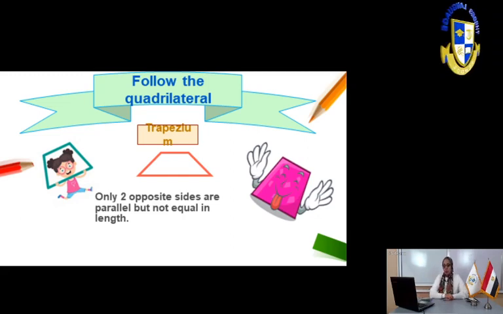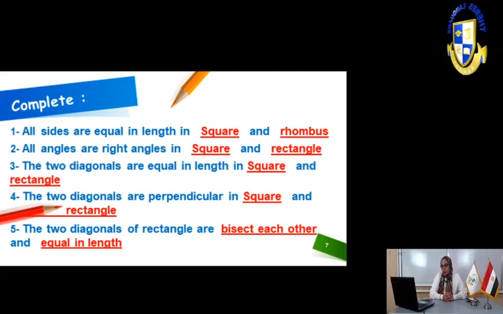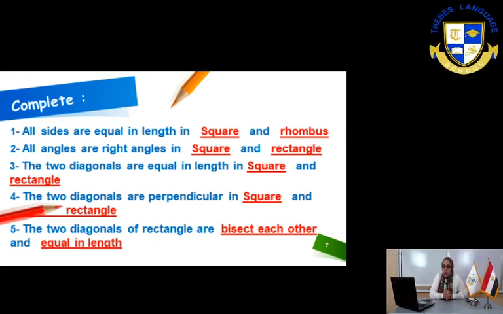Now, next slide. Come to solve the exercises on the polygon. The first exercise, complete. Number 1, all sides are equal in length in, remember, which polygon did we say that all sides are equal? Excellent.